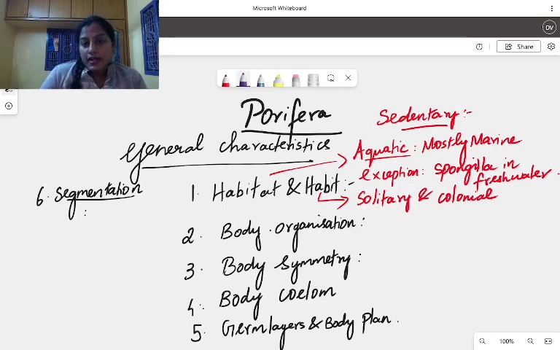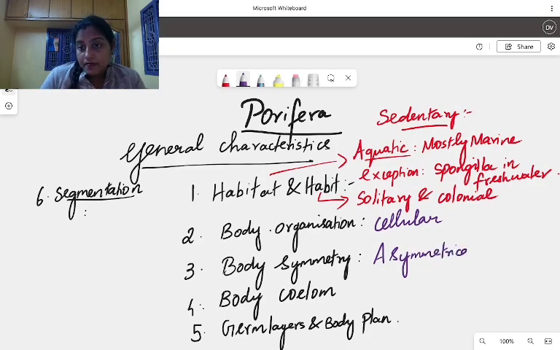Then body organization. Of course, you all know, cellular level of organization, very basic organization. Body symmetry, asymmetry. Body coelom, they are acoelomate. What about the germ layers?